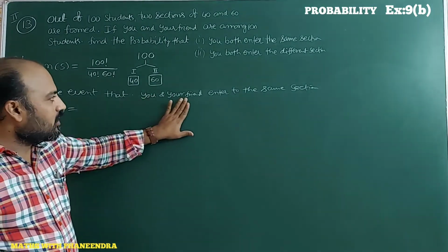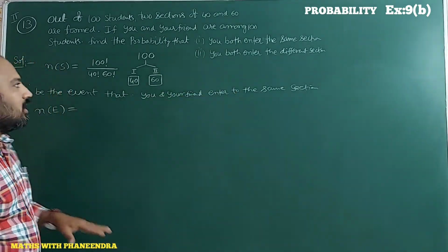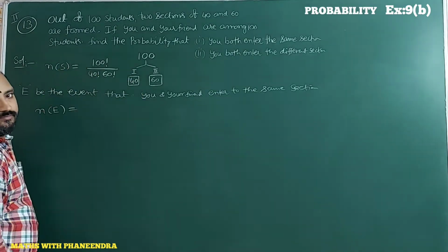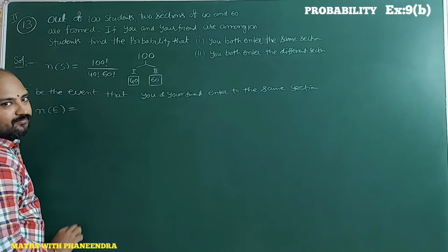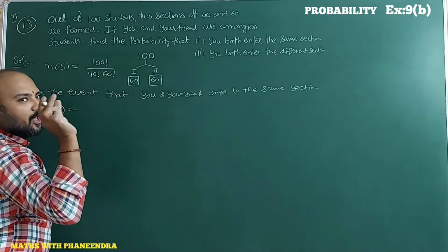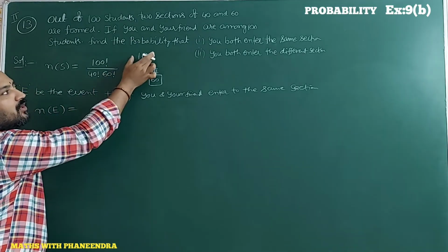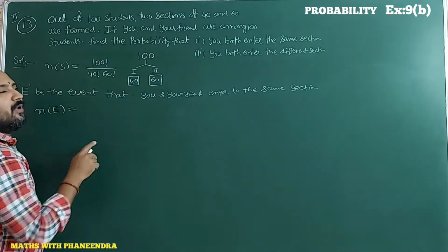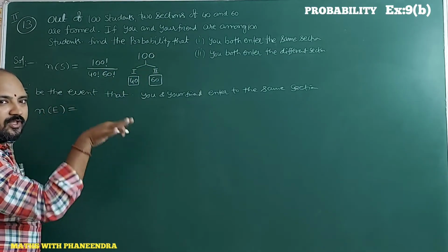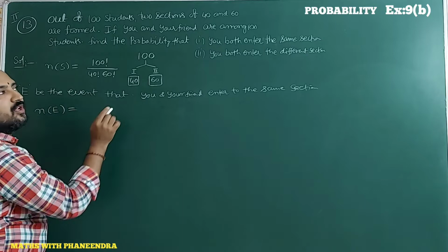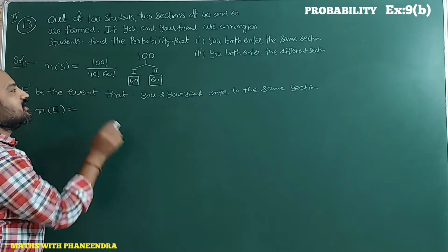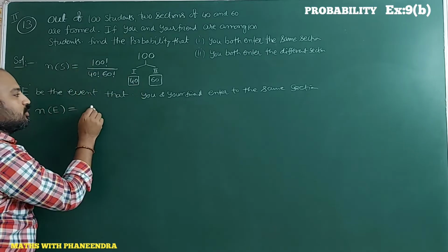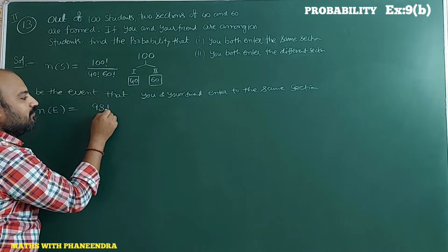Suppose you and your friend, that means you both, enter into the first section. You two people are among 100. So if you are entering, the 100 people will become 98 only. Whenever two students, you both, enter into the first section, the total will become 100 minus 2, that is 98 factorial.